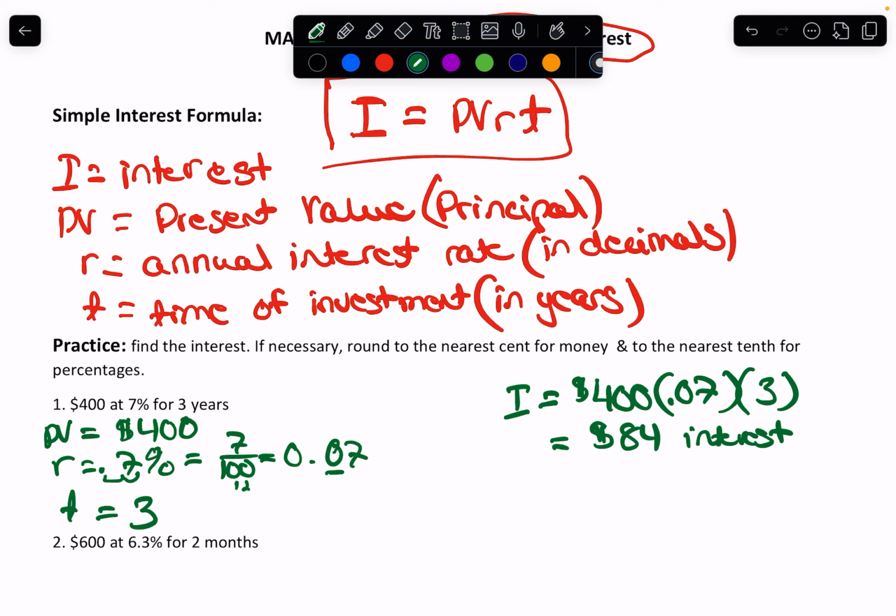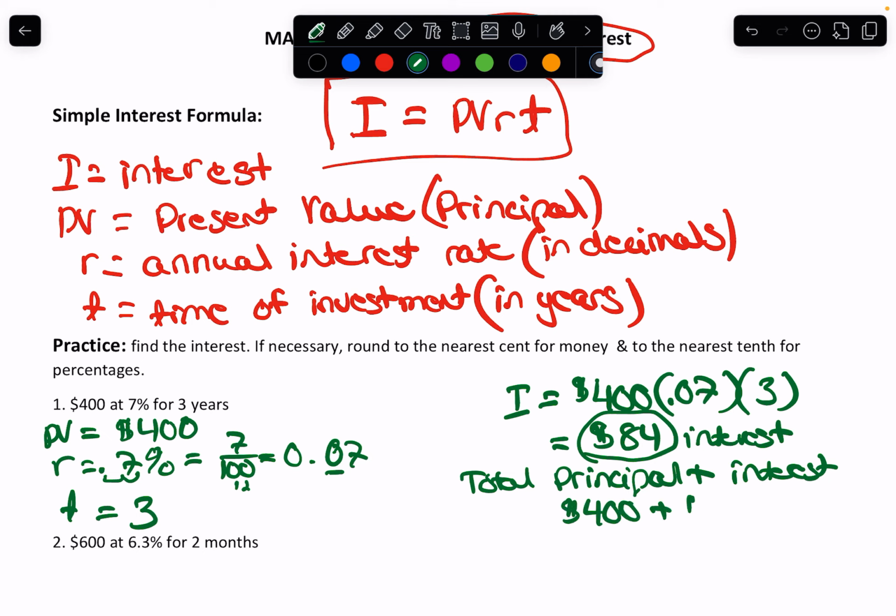If we want the value right now, that would be the total principal or the present value plus the interest. So in our case, we've got $400 plus $84, which is $484 would be on the account after the 3 years.